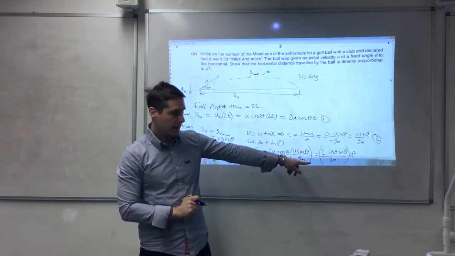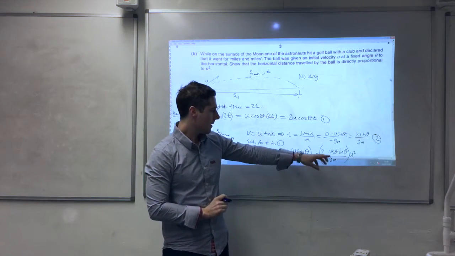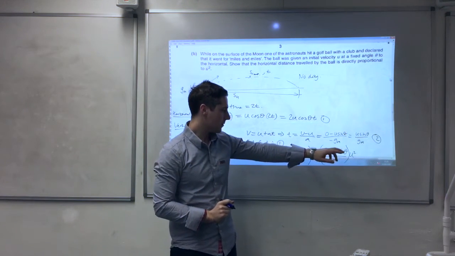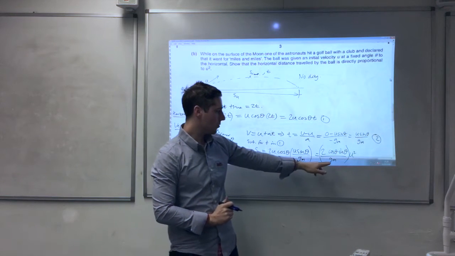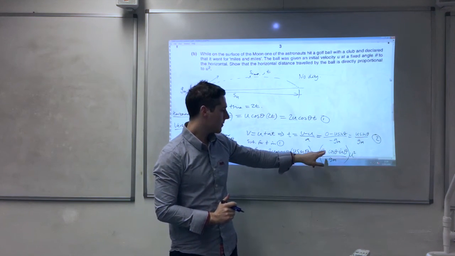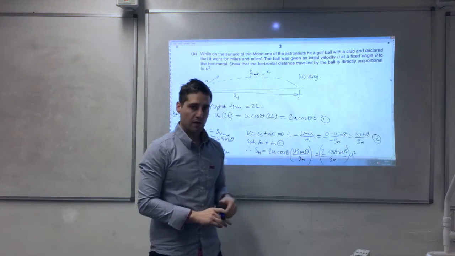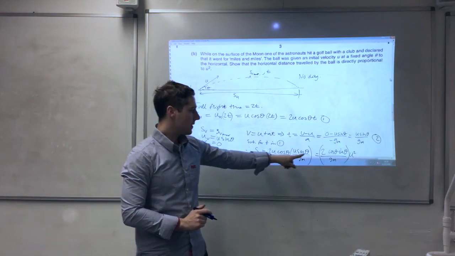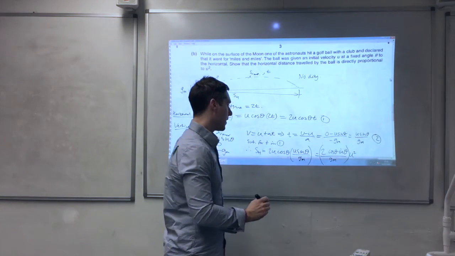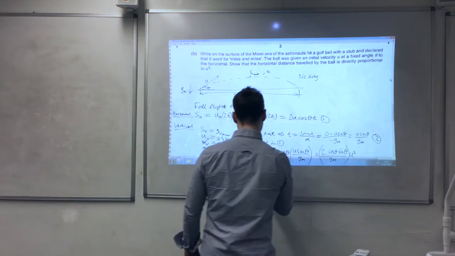And everything in the brackets there is constant. Cos theta is constant, sine theta is constant for a fixed angle. GM is constant, the 2 is obviously constant. So SH is equal to a constant times u squared.